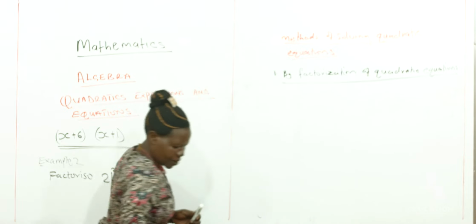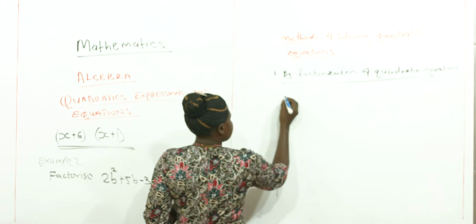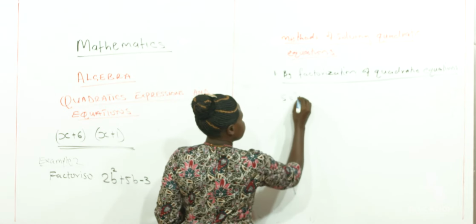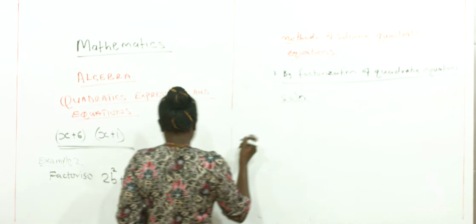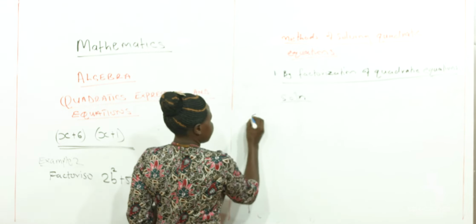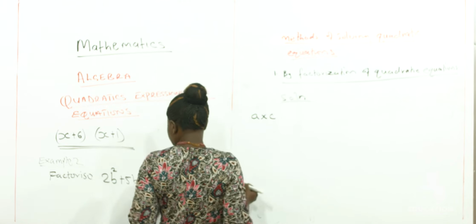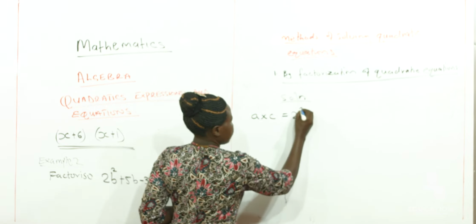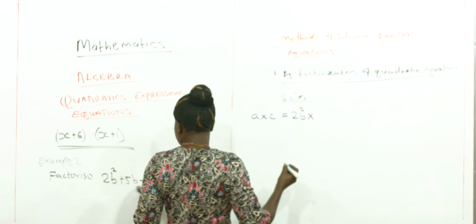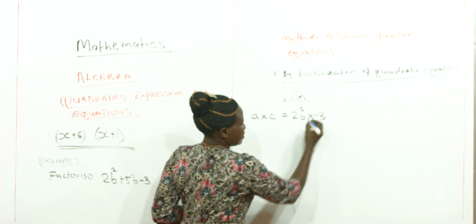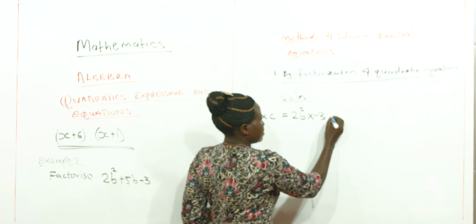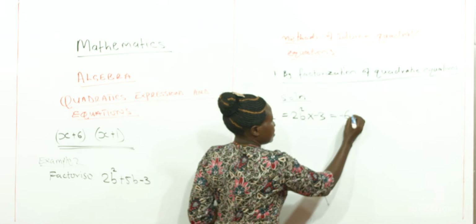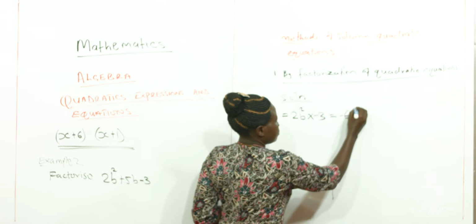So when we come to our solution, we say A times C, and A is 2b squared times C, which is negative 3. So this will give us negative 6b squared.